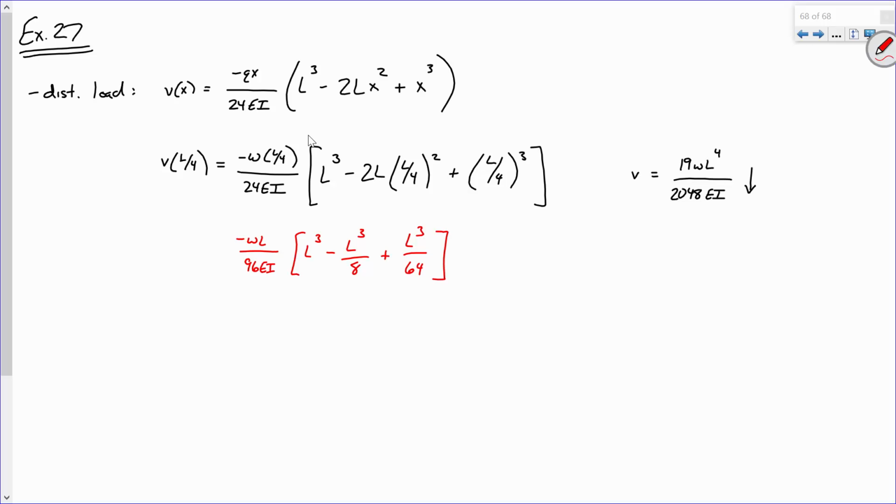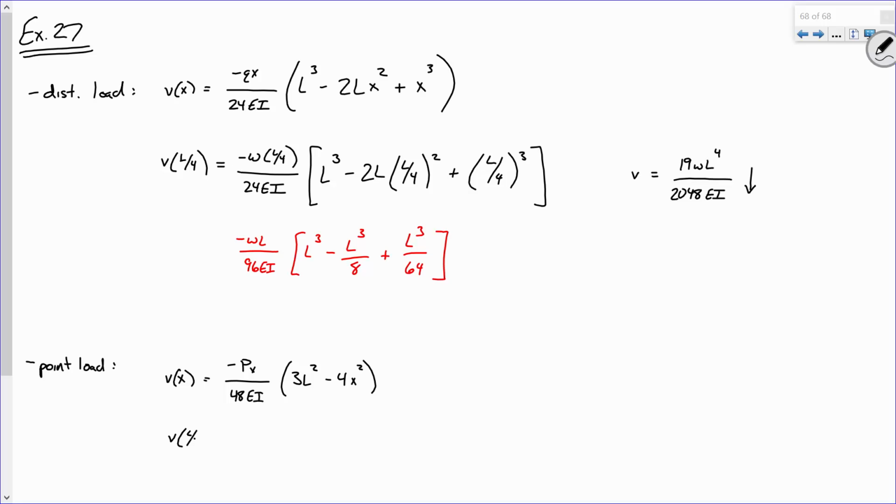Now, for the point load, V of x from that table is minus px over 48 EI times 3L squared minus 4 x squared.